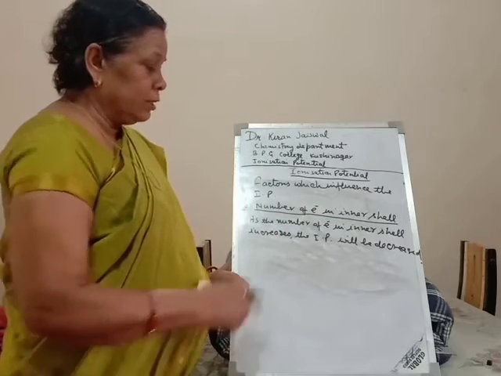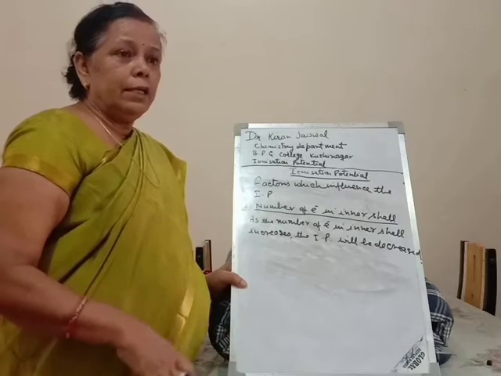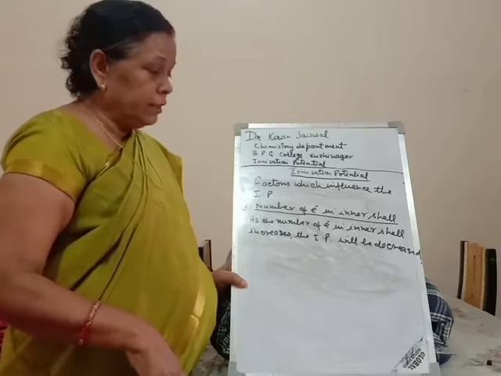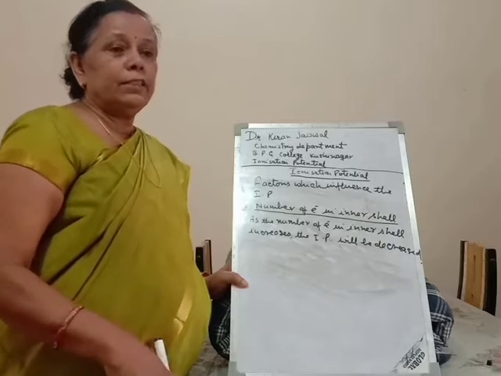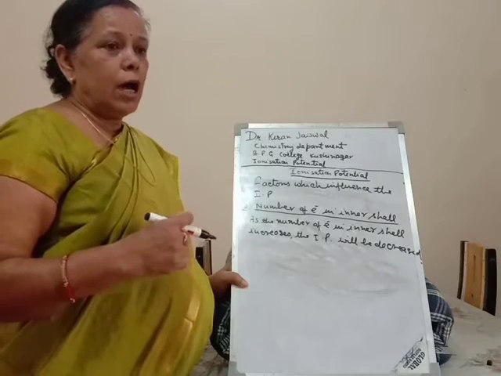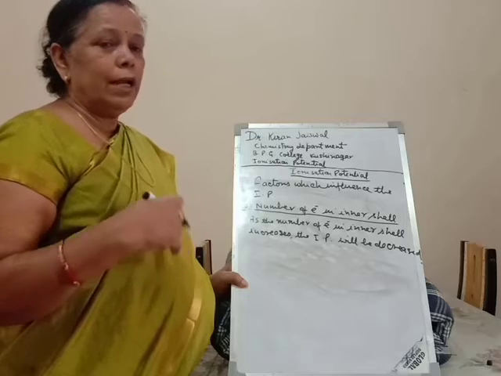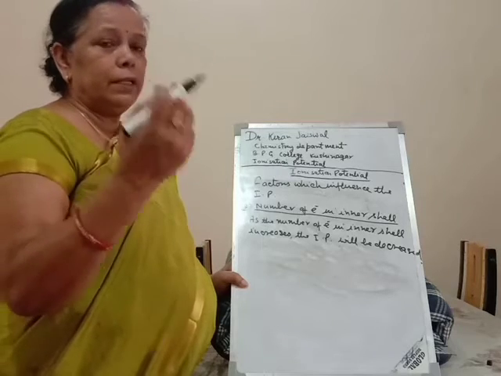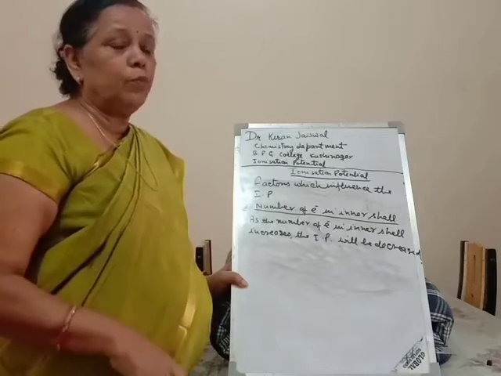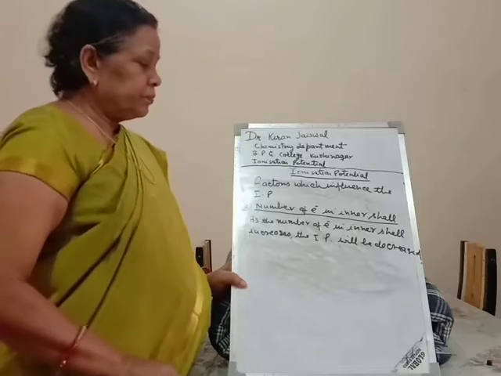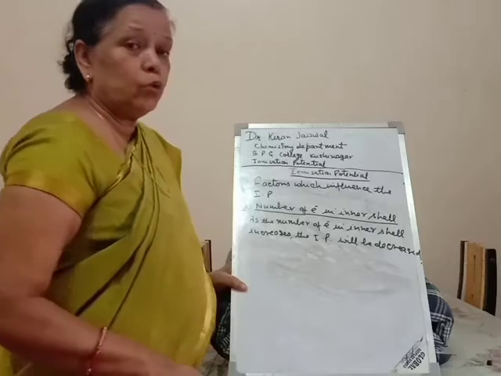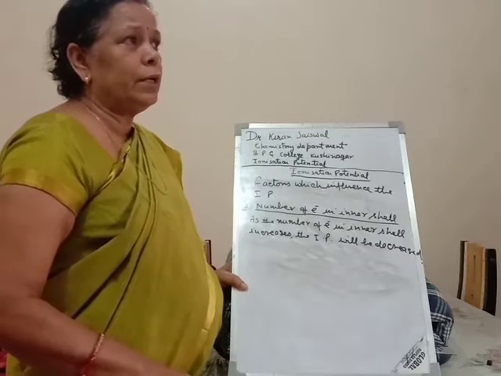So as the number of electrons in the inner shell increases, the ionization potential will decrease, because the attraction of the nucleus will not reach the outermost electron as properly, which is also known as the shielding effect.